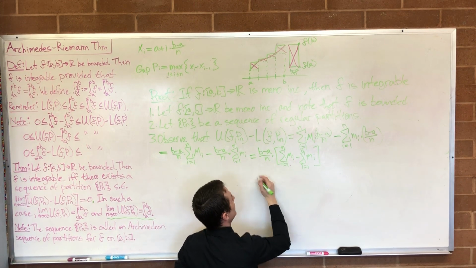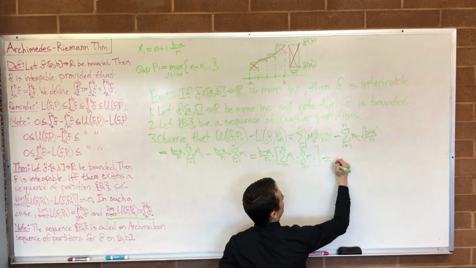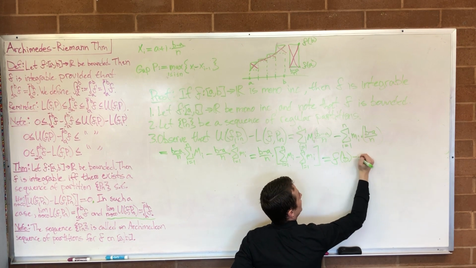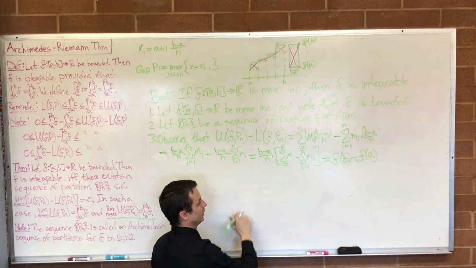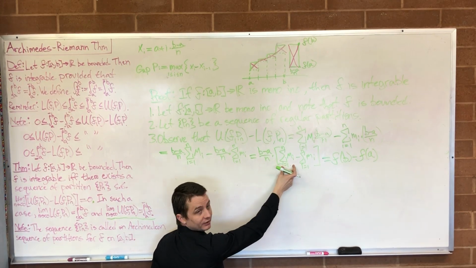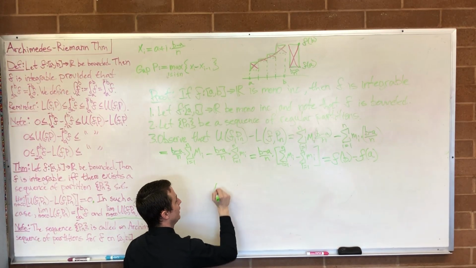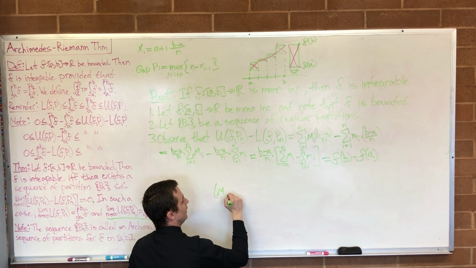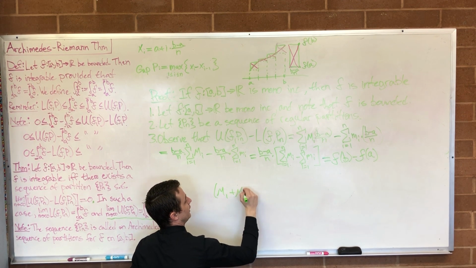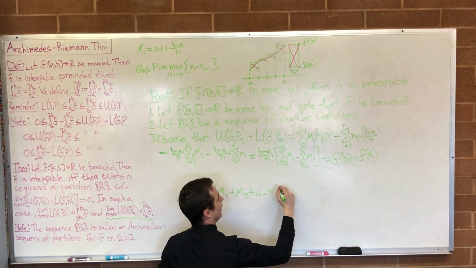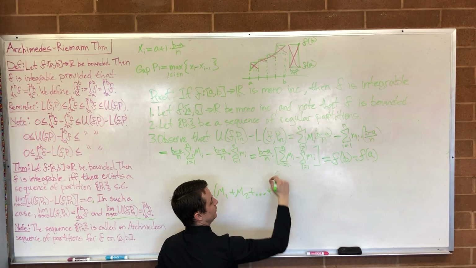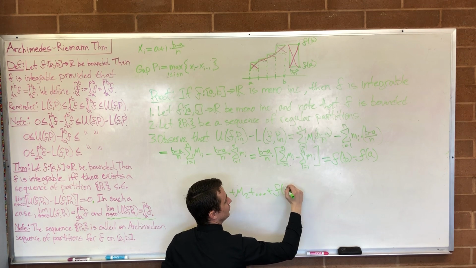We know that this is going to come out to f of b minus f of a, but I want to make sure you can see it in the math, and then I'll erase what I draw here. So when we expand this sum out, that's going to be M sub 1 plus M sub 2 plus dot dot dot plus the very last term in the sequence, which is going to be f of b. Oops, little b.